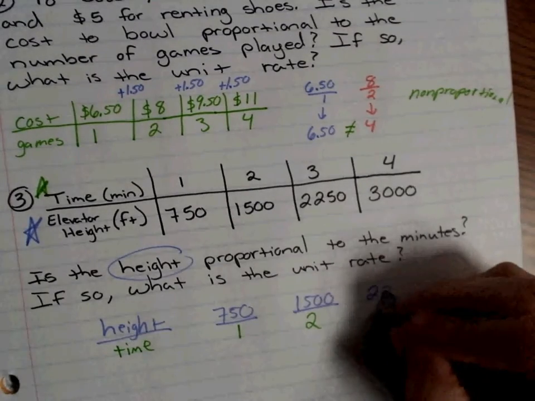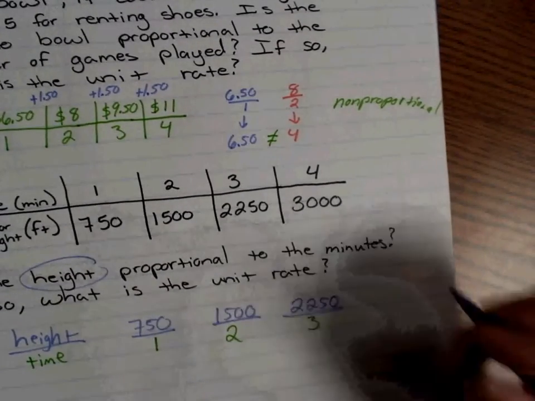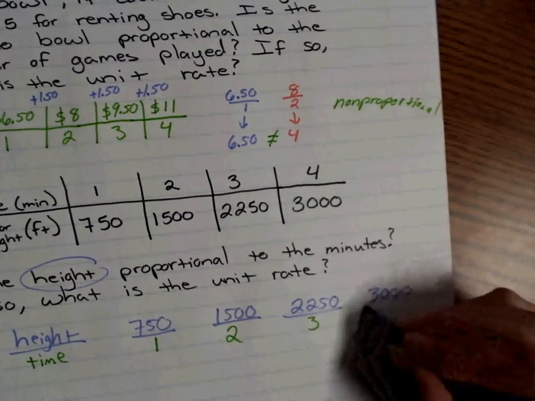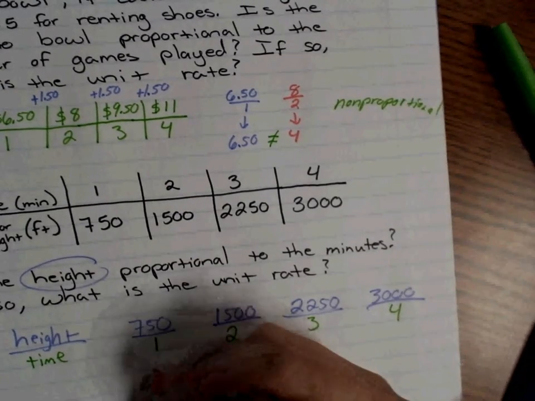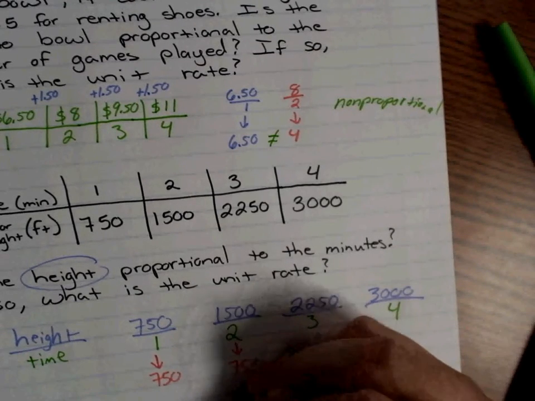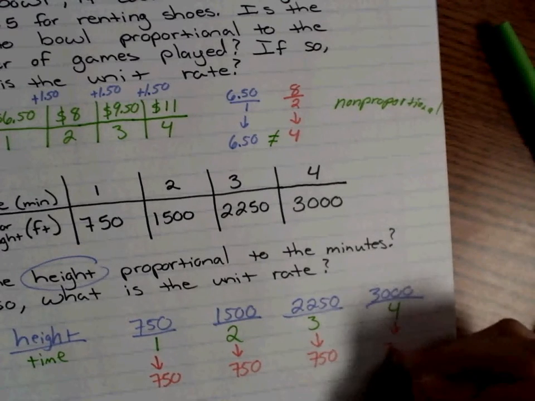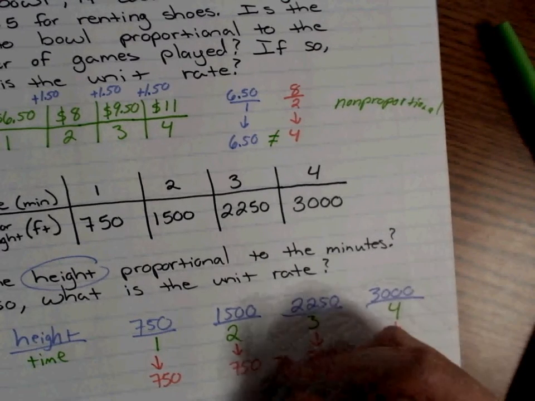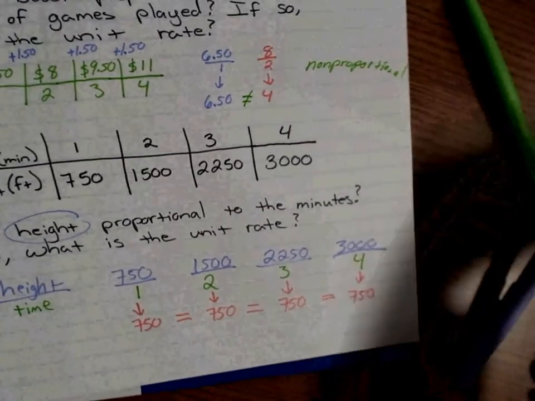And 2,250 over 3. And then 3,000 over 4. Okay, and then when I simplify each of these, they each simplify to 750. Every one of them is going to simplify to that 750 mark. So it is proportional, you're right. And then our unit rate is 750.